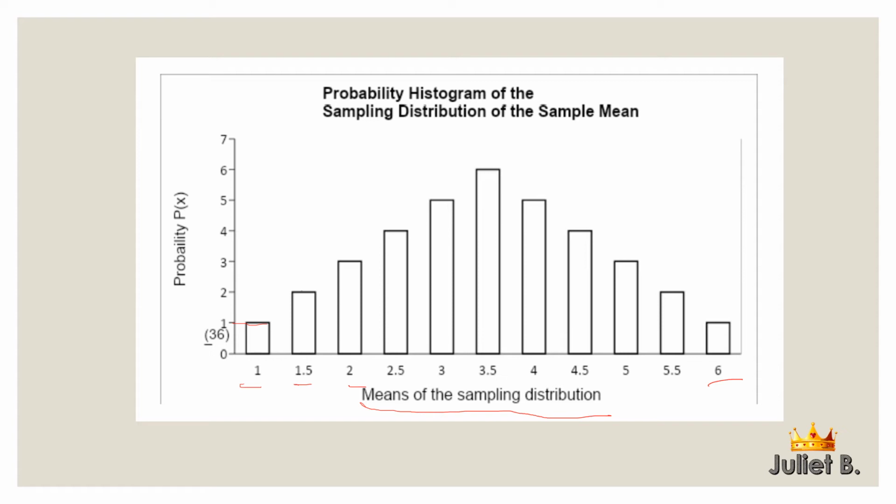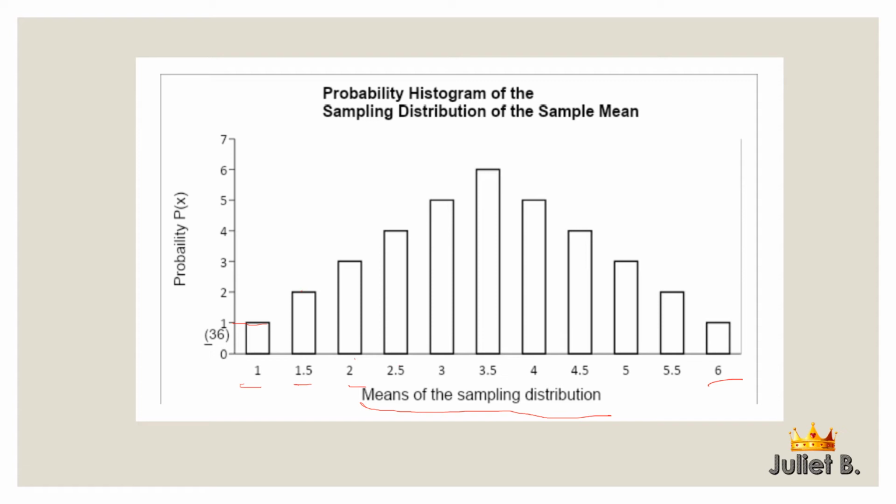Ang 2, probability niya ay 3 over 36. 2.5, probability niya ay 4. Ang may pinakamataas o mas marami na exist kanina sa sample means ay yung 3.5. Ang probability nito ay 6 over 36. And so on. Kung papansinin nyo, ang graph nito ay normally distributed.